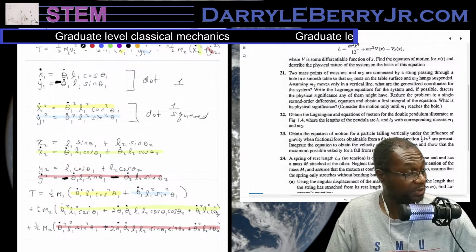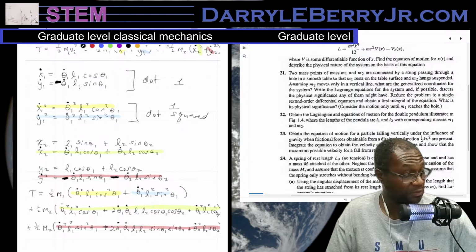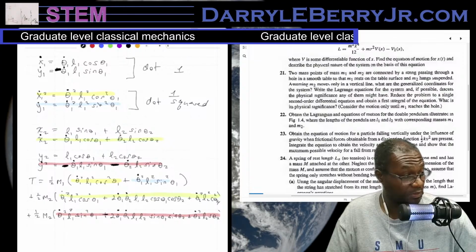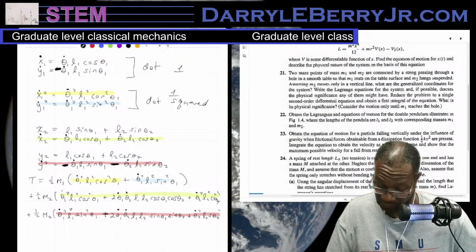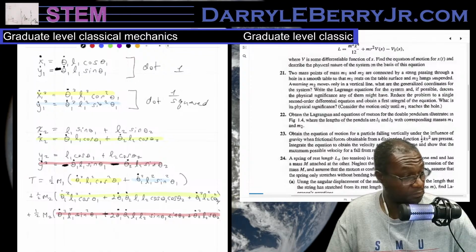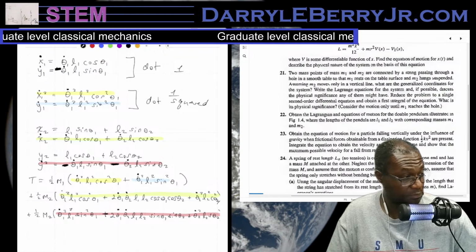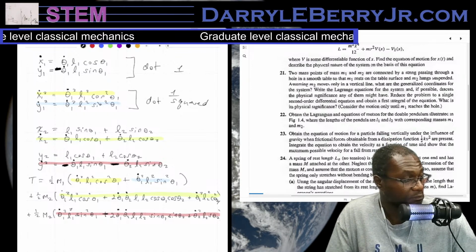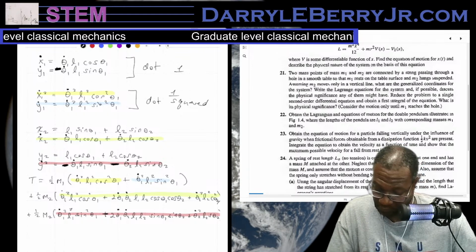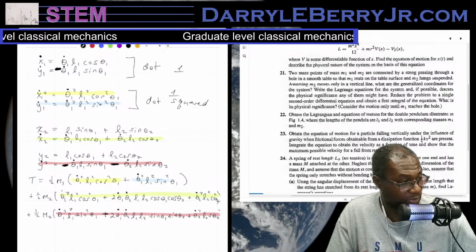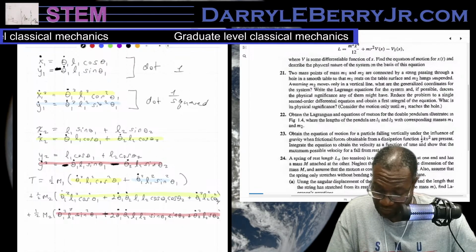So 1/2 m1, L1 squared, theta 1 squared, cosine squared theta 1. L1 squared, theta 1 squared, sine squared theta 1. Yeah, two things in the initial steps.